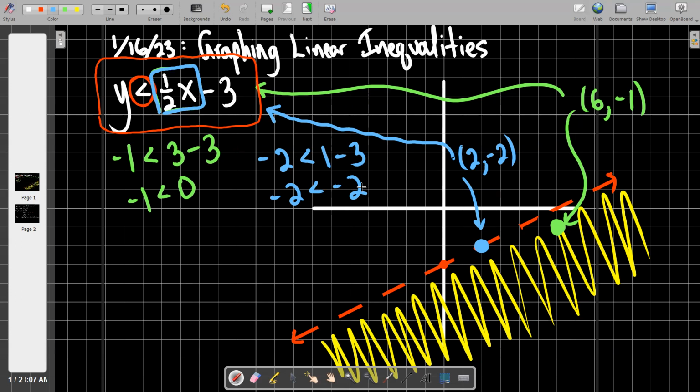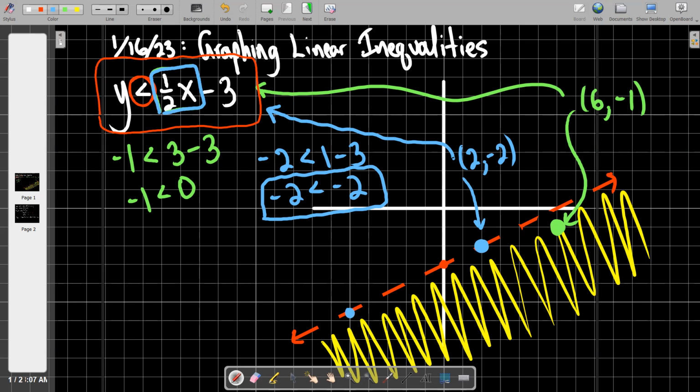And math people, you'll appreciate what's happening right now. You'll say to yourself, this is not quite true. Is -2 less than itself? No. But if there were an equal sign, if it said or equal to, then you could say, oh yeah, -2 is less than or equal to itself. But you're going to find this result for every point on the line.